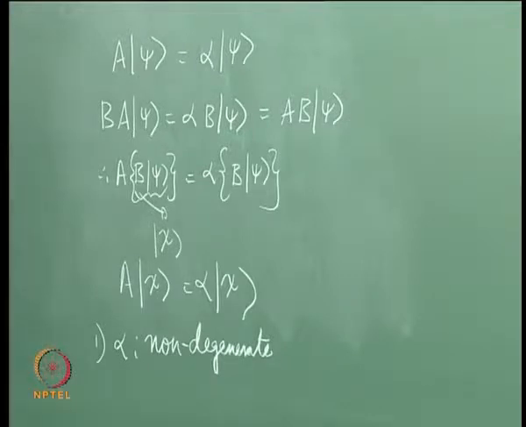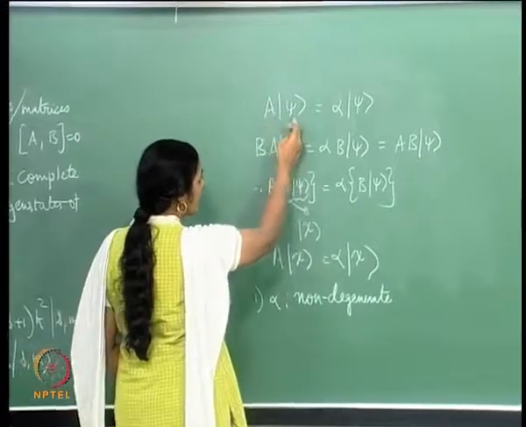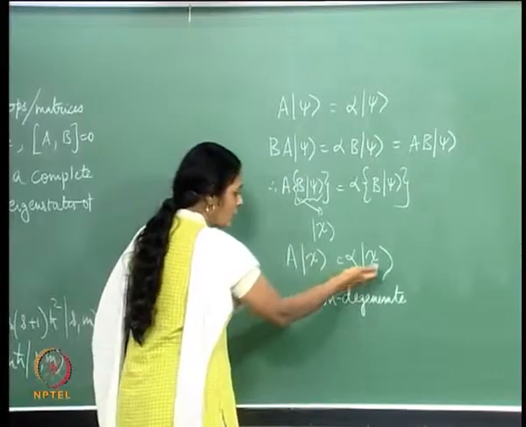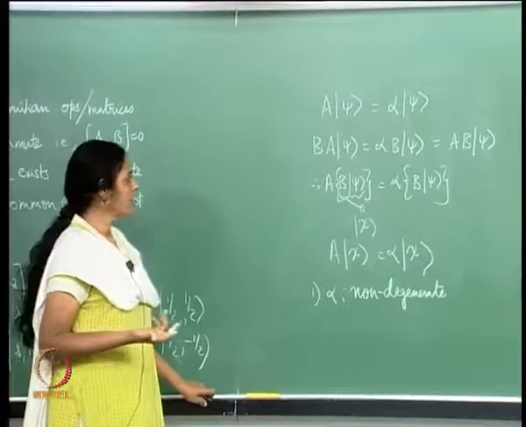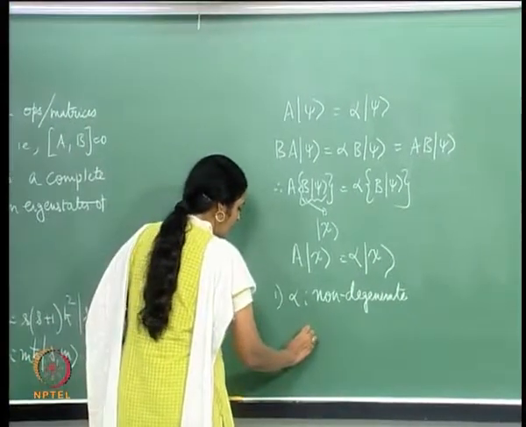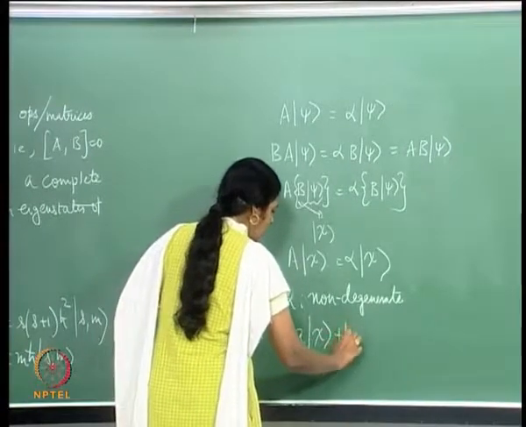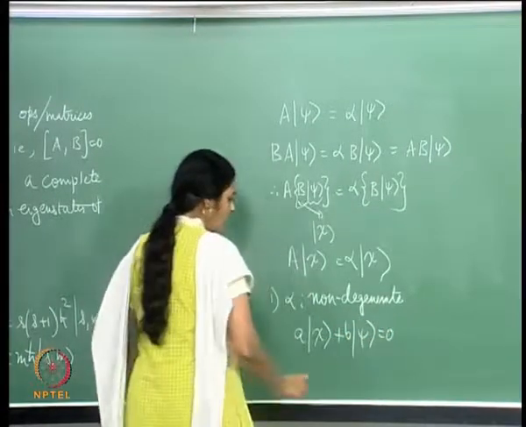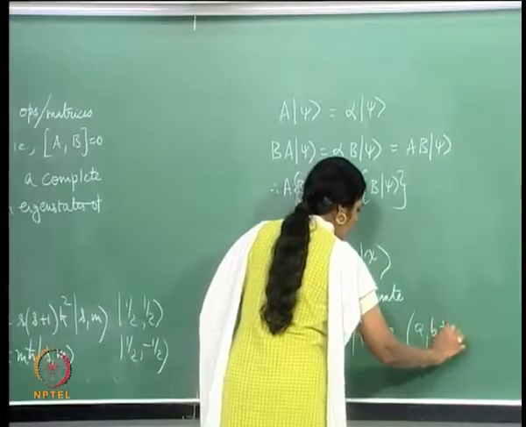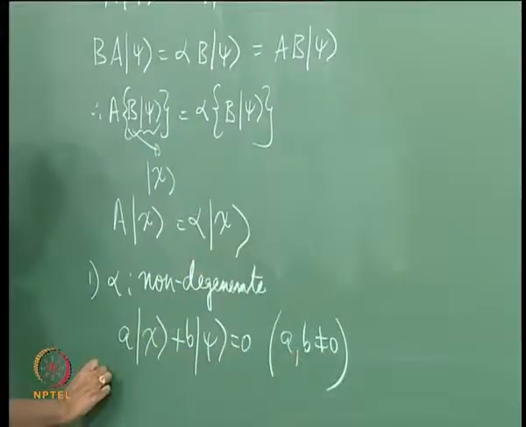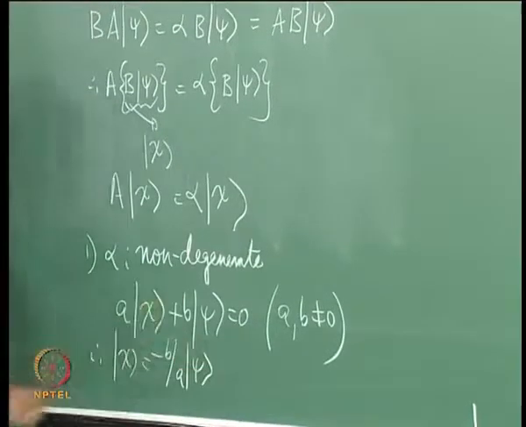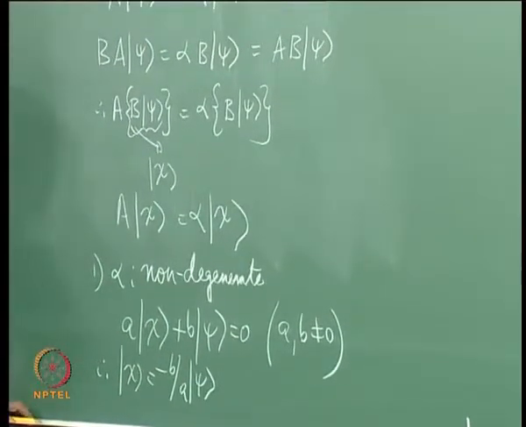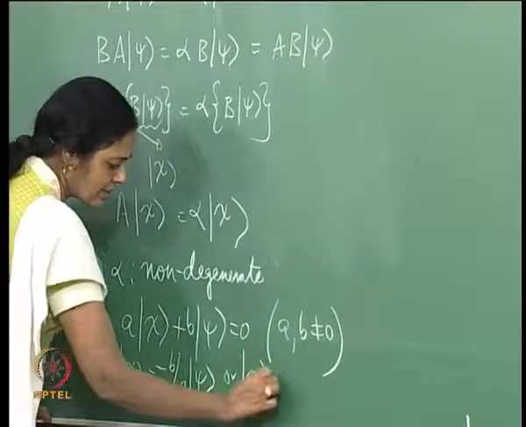The first case is alpha is non-degenerate, which means that if you have A psi is alpha psi and A chi is also alpha chi, and alpha is non-degenerate, chi is clearly linearly dependent on psi. In other words, some a chi plus b psi equal to 0, a, b not equal to 0. Therefore, chi is minus b by a psi, or chi is equal to some beta psi.